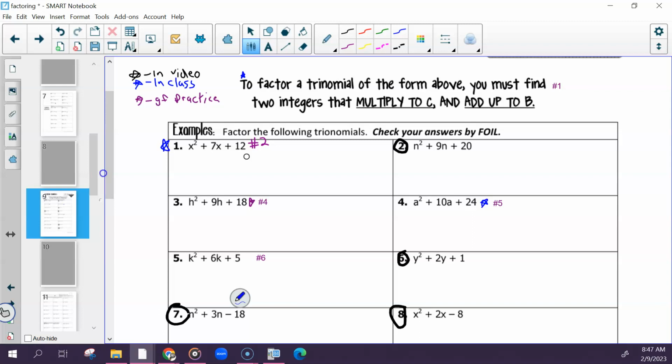For number 1, think of 2 numbers that multiply to be 12. I'm going to list them out. Think about your factors of 12. 2 times 6. 3 times 4. 4 times 3.